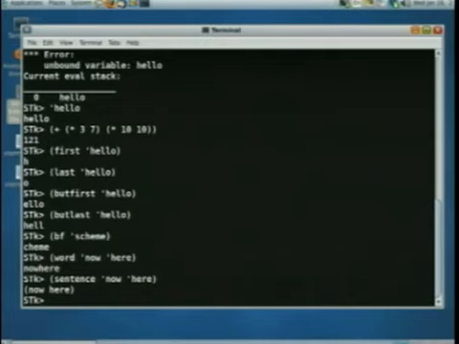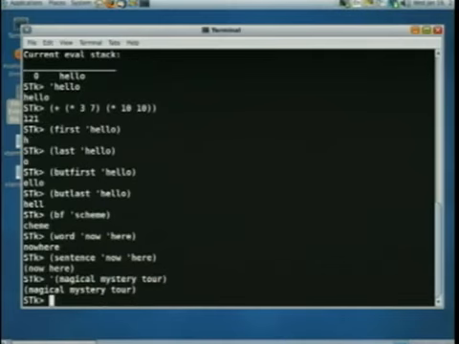It would mean, please call the function named now with the argument named here. If I actually want a sentence, I quote it, the same as you can quote a word.